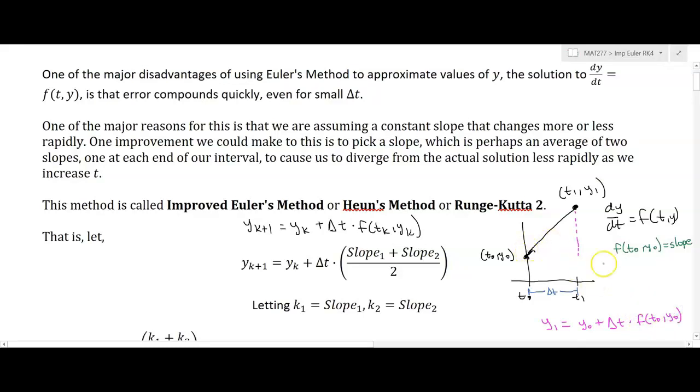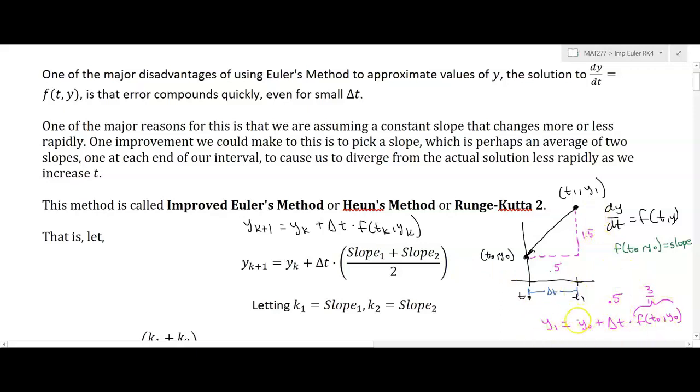If this slope were, as an example, 3, that would mean that for a 1 unit change in t, we would expect a 3 unit change in y. But if our step were only a half, then we would estimate this red part to be 1.5, because half of 3 tells you that if this were only half a unit, we would only expect half the increase.